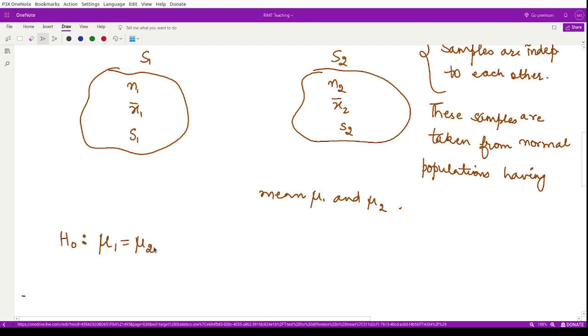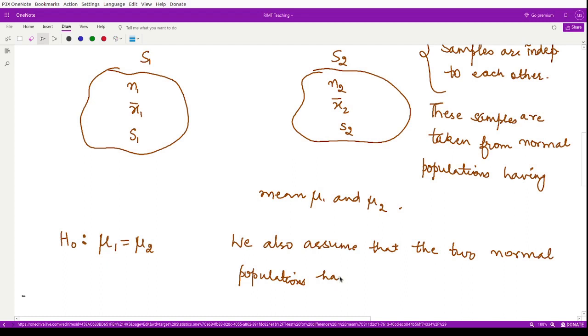And moreover, here we also assume that the two normal populations have the same variances.